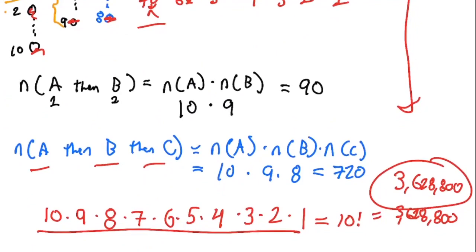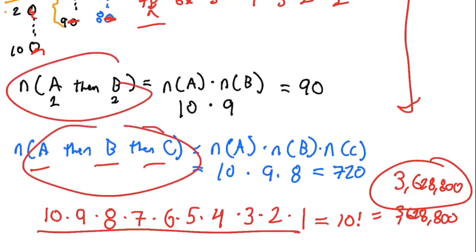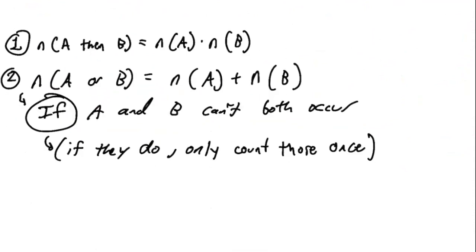So as you can see, that number increased very quickly from 10 to 90, 720, all the way to over 3 million ways to fill the chairs. So sometimes we end up with very large numbers in probability, and this is where these counting principles can help us out.